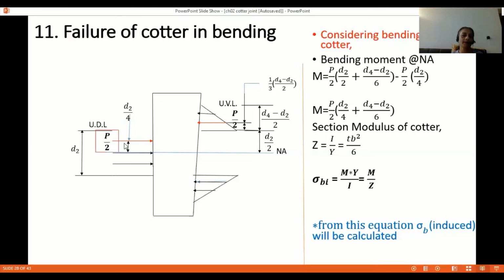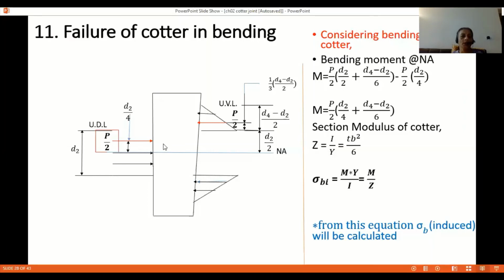So this moment will be P by 2 into D2 by 4. When we simplify this, it comes P by 2 into bracket D2 by 4 plus D4 minus D2 by 6.